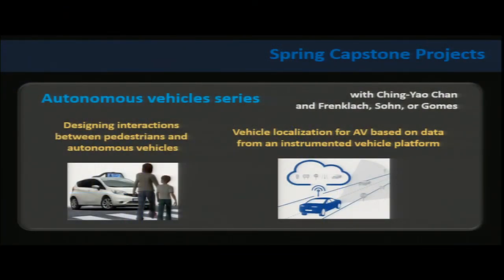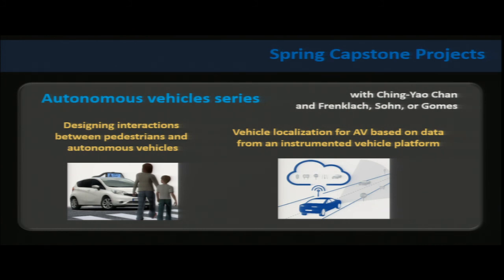The second one is vehicle localization for autonomous vehicles based on data from an instrumented vehicle platform. This is going to use an instrumented vehicle that we have in a university facility up in Richmond. This vehicle has GPS, it has cameras, and so forth.